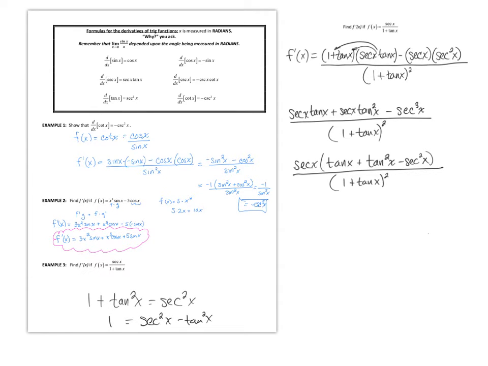We don't have secant squared minus tangent squared, but we have tangent squared minus secant squared. So that being the opposite of secant squared minus tangent squared, we could replace this with a negative 1 maybe, and I guess that would be the last thing I would do, is just say secant of x, tangent of x, minus 1 all over 1 plus tangent quantity squared.